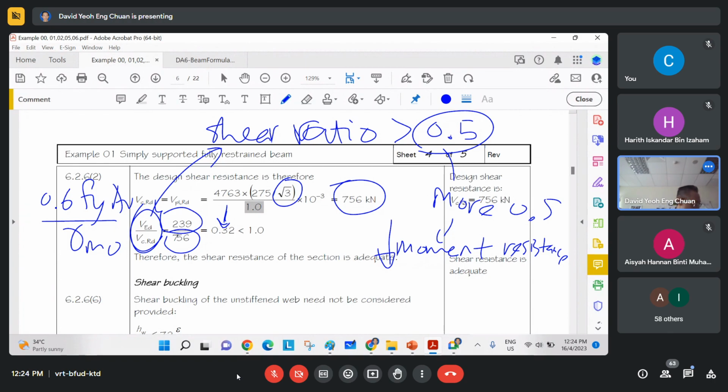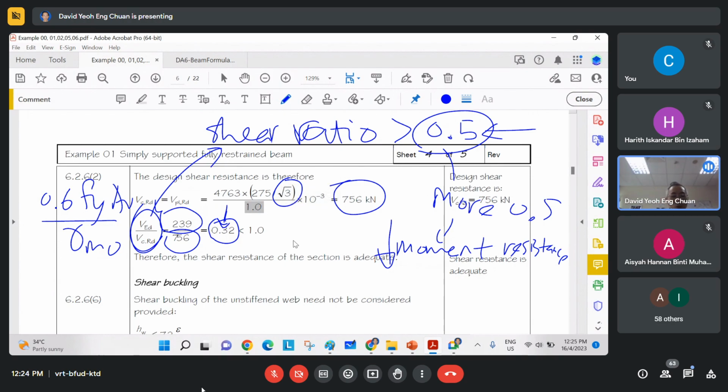Page 53, 6.2.8, number 1, number 2, number 3. So remember this. There is a reason for it to be this small. So next time when you do design, make sure that this ratio is less than 0.5.